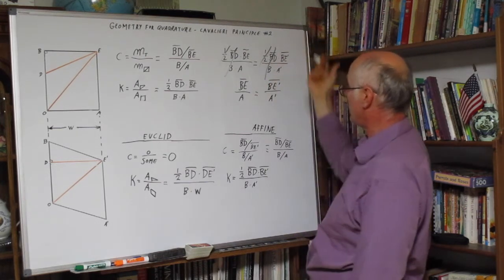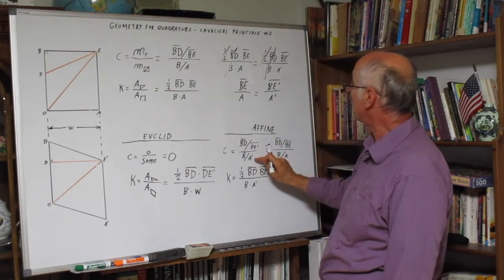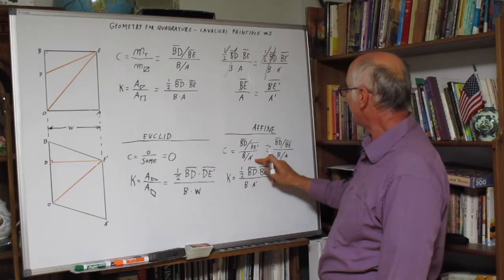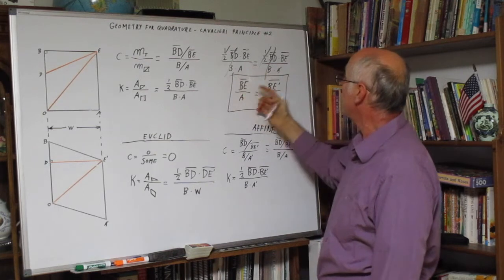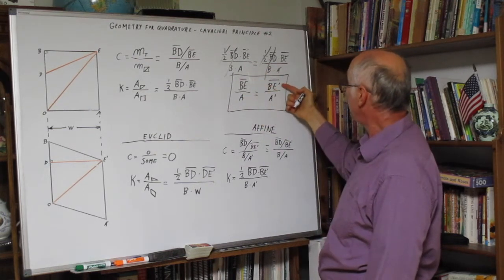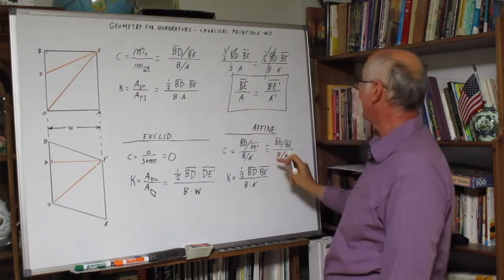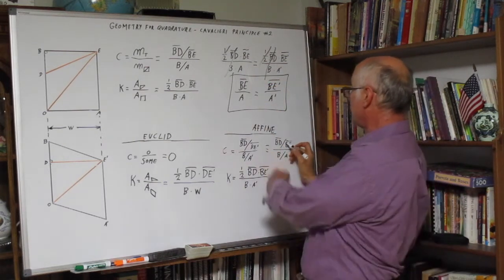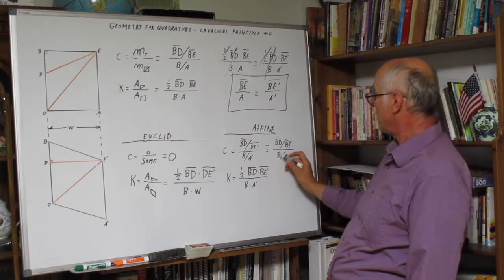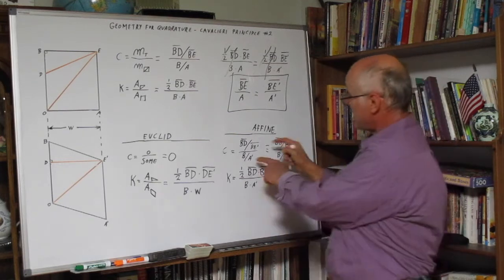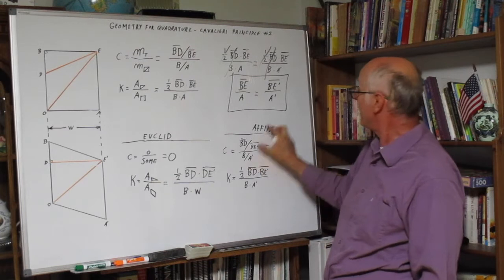And the flip too. But look at this ratio, BE over A. We just proved BE prime over A prime is the same as BE over A. And so we can write this as BD over BE over B divided by A. You see this relationship here?